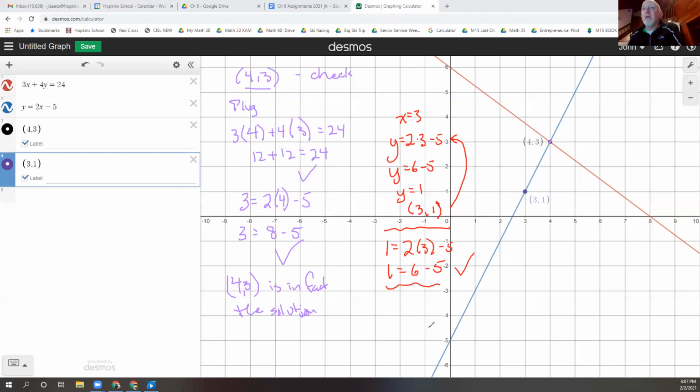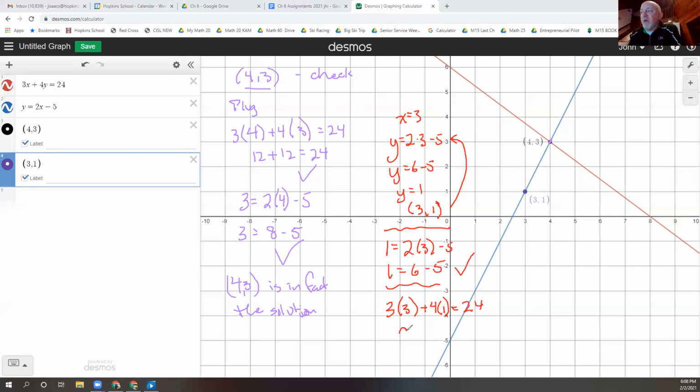So in checking in the other equation, we're using the 3x plus 4y equals 24 equation with 3 and 1. So we have 3 times x, which is 3 in this case, plus 4 from the equation times y, which we're saying is 1, equals 24.